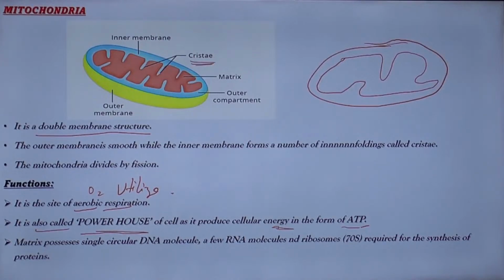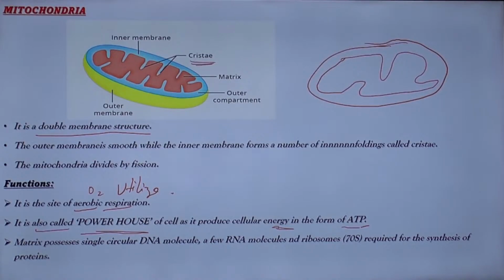And then last, third point, matrix possesses a single circular DNA molecule, a few RNA molecules and 70S ribosomes required for the synthesis of proteins.